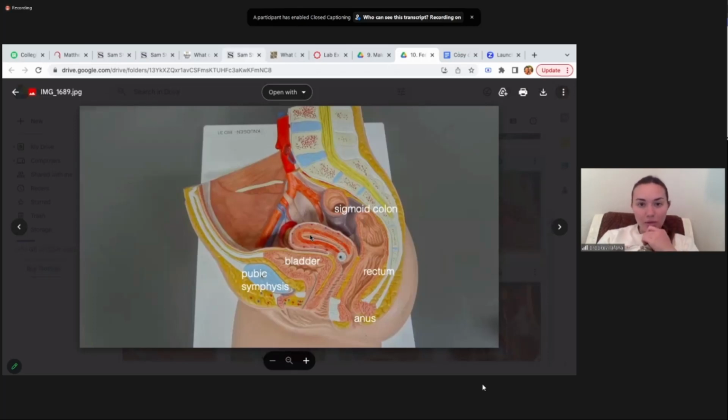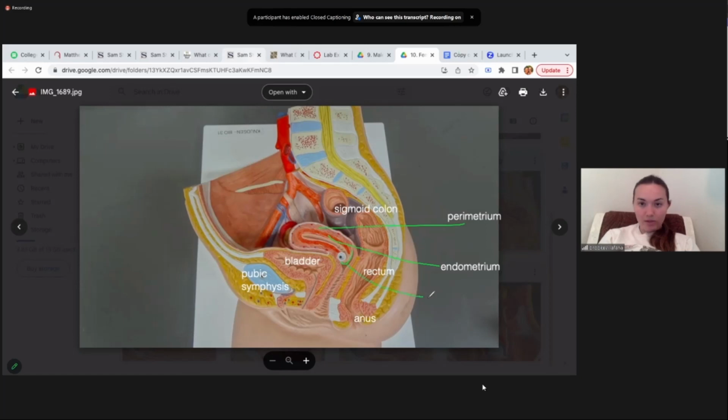Endometrium would be your inner lining. Endometrium here, inner lining of the uterus. And then the perimetrium out here. Perimetrium. Then you have the cervix right here.